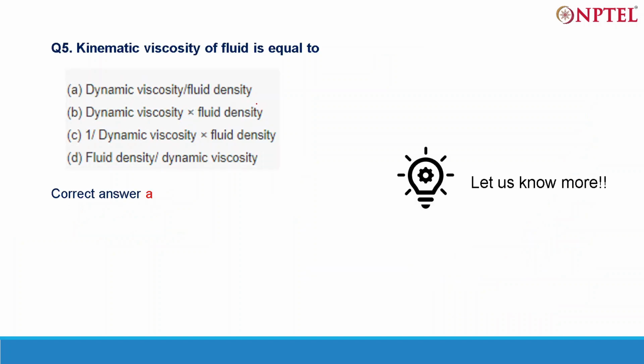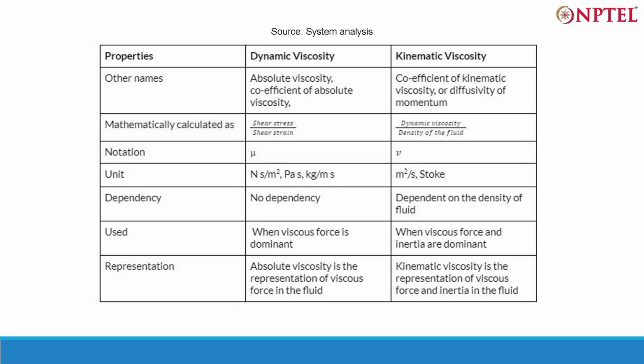Kinematic viscosity of fluid is equal to... this is a fluid dynamics concept. Kinematic viscosity is equal to dynamic viscosity mu upon rho, dynamic viscosity upon fluid density. I put a comparison between these two viscosities also. You can go through these slides and have a good understanding.